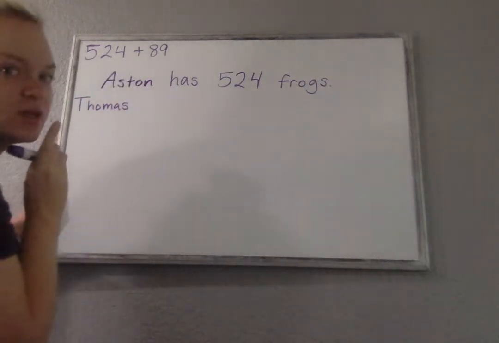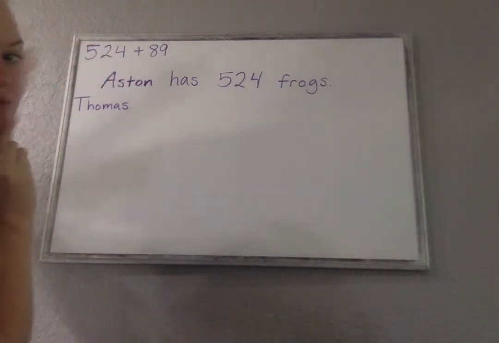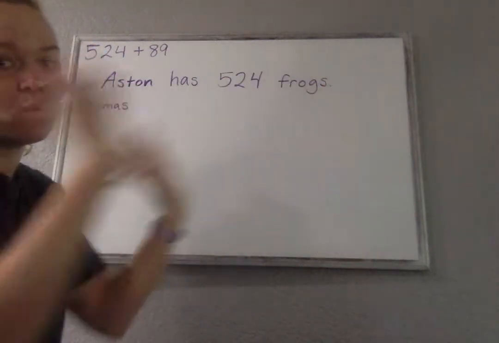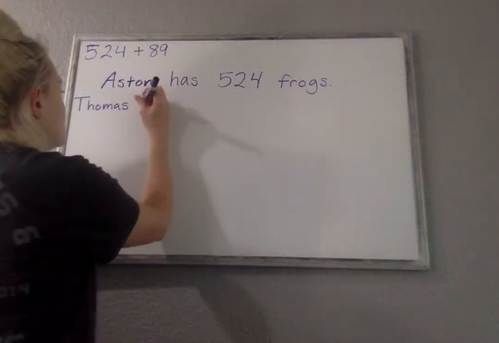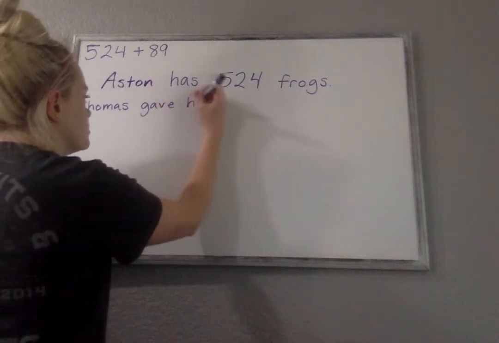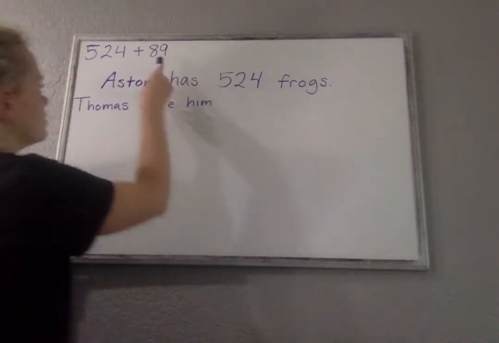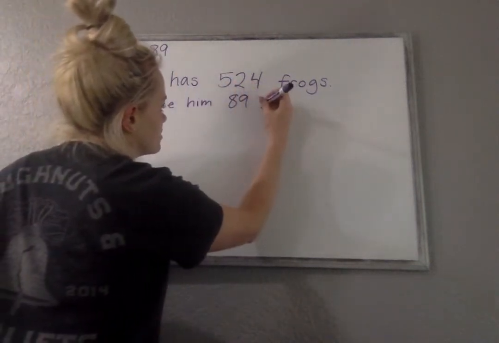Now, before I do anything, I need to look, okay? Is this addition or subtraction? And I know it's addition, so that means that we're going to be getting more. So we're getting more of something. So Thomas gave him, and I look, 89 more frogs.